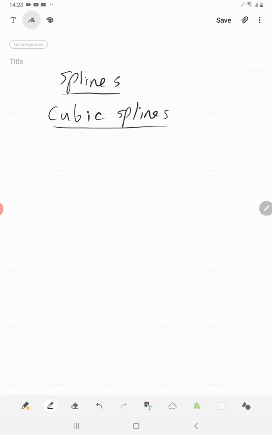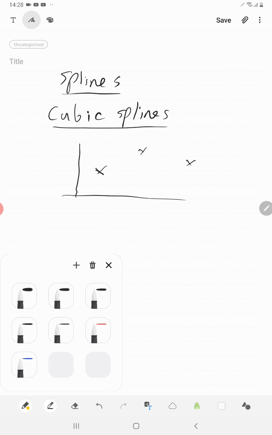Okay, basically, let's assume that we have 3 points. Now we want to join them with lines. Let me draw it.